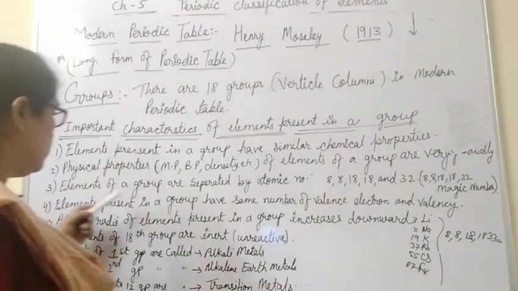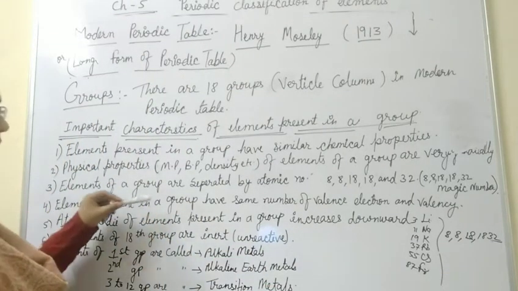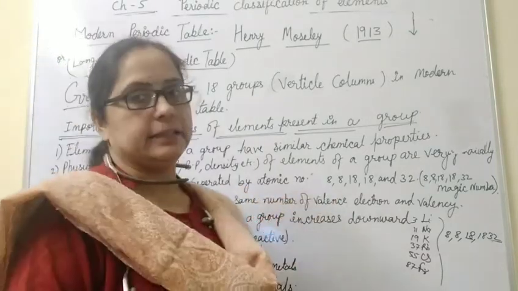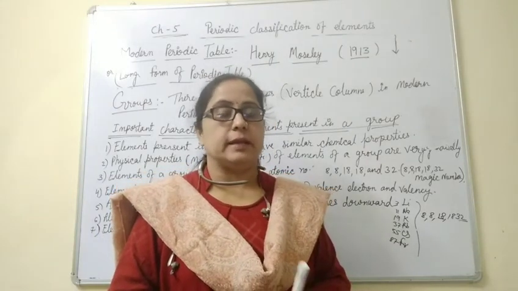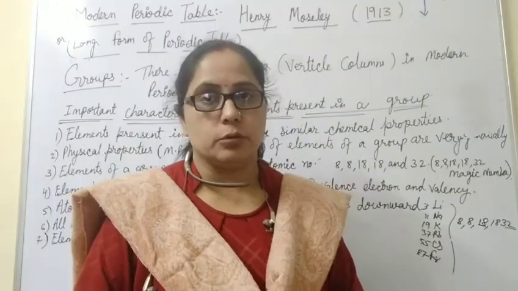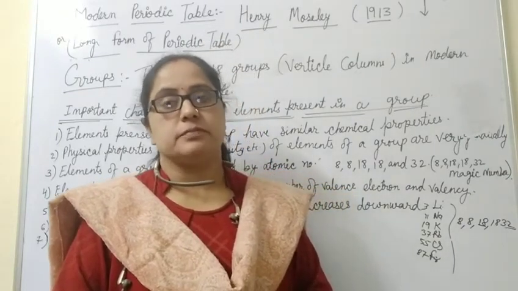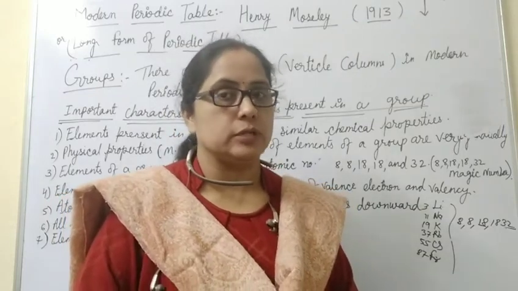Now we will talk about the next characteristic of a group. Elements present in a group have the same number of valence electrons and the same valency. We already know that valence electrons and valency are related to each other. I told you, if the valence electrons of any element are 1, 2, 3, or 4, then their valency is also 1, 2, 3, or 4.